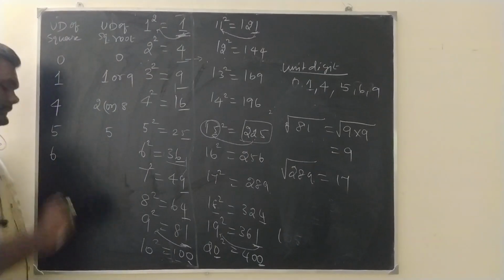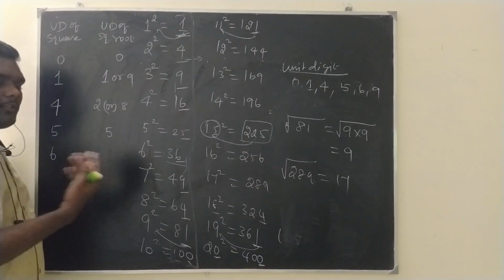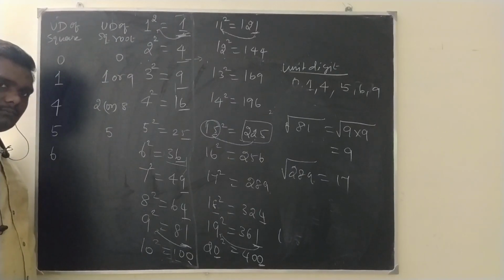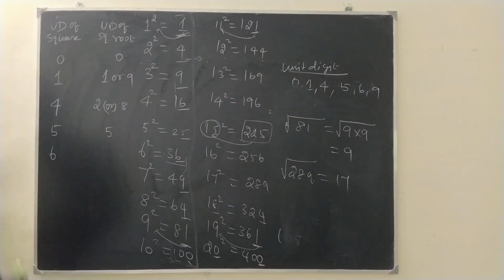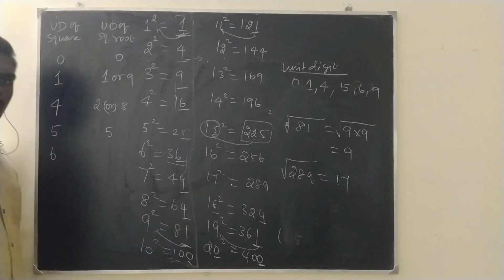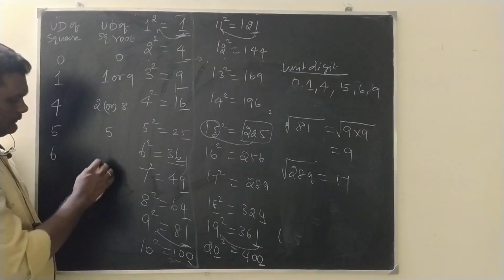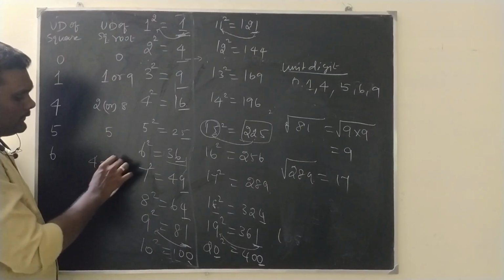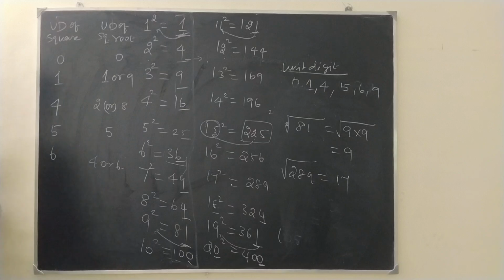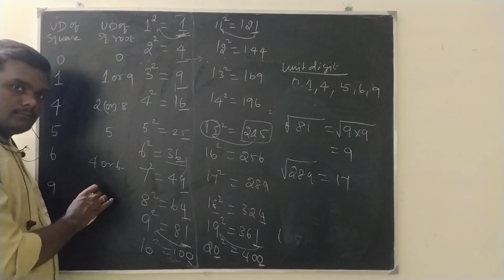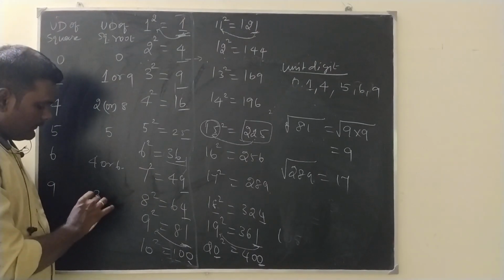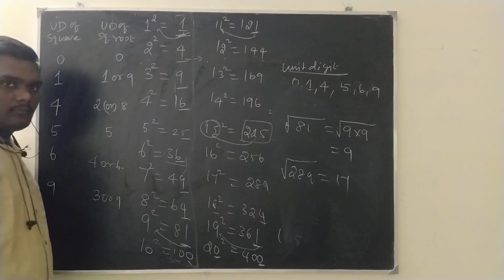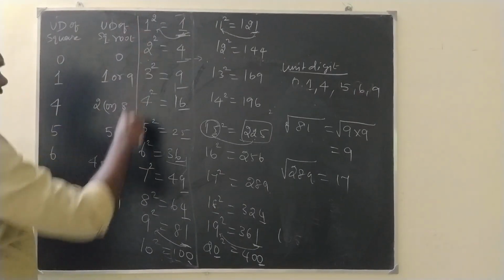If the unit digit is 6, then the unit digit of the square root is 4 or 6. If the unit digit is 9, then it is 3 or 9.